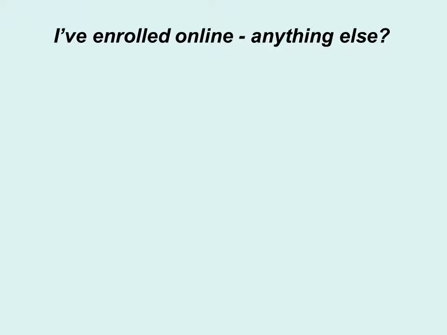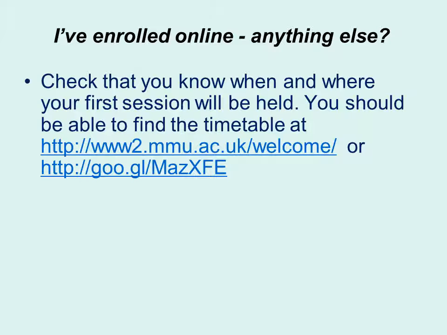Once you've enrolled online, what else do you then need to do? The first thing is to check that you know when and where your first session will be held. You should be able to find the timetable at the welcome page URL address shown on the screen here, or the Google URL address shown here too.